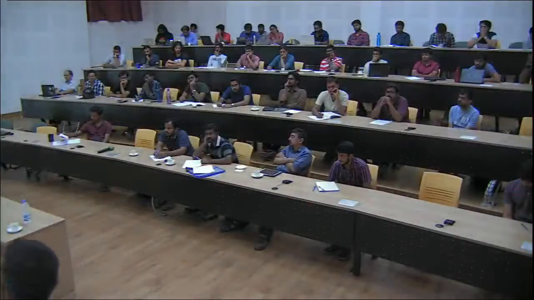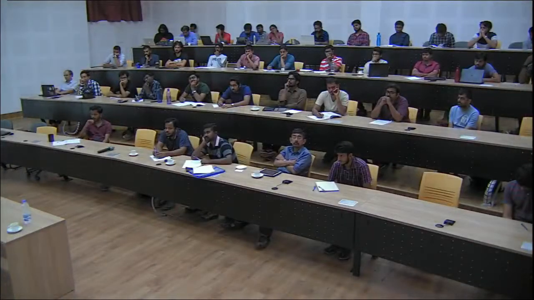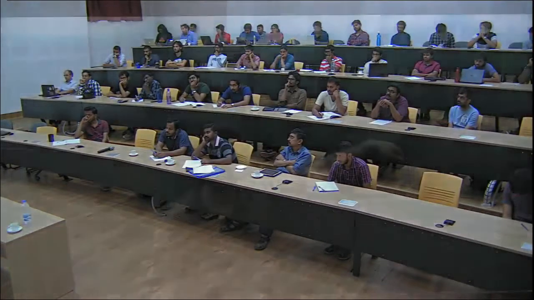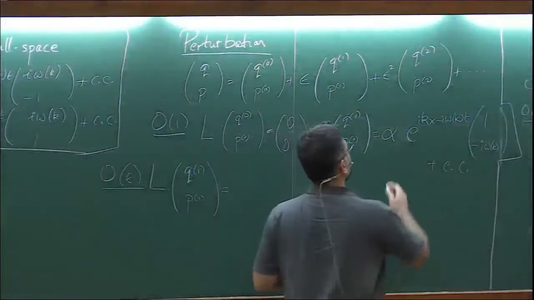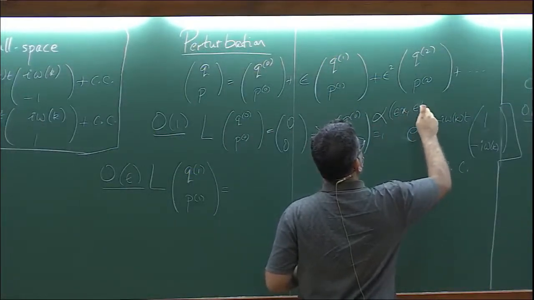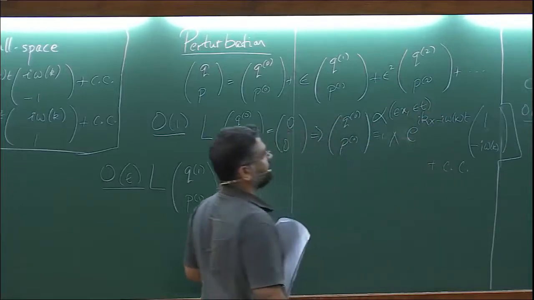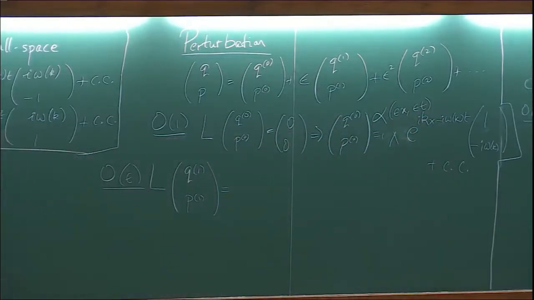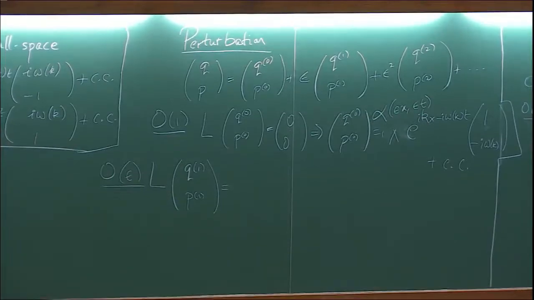But, as always, that which was a constant, make now a function. So we assume alpha is a function of epsilon x and epsilon t. Okay?